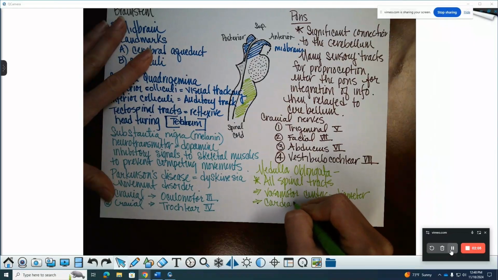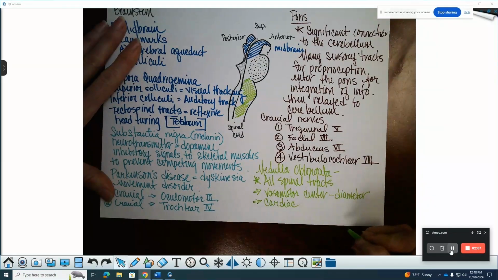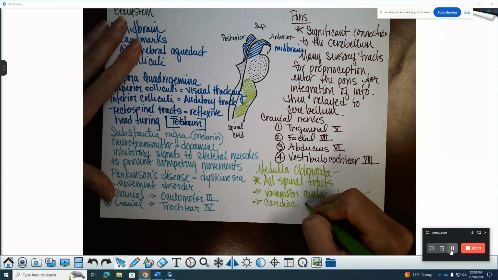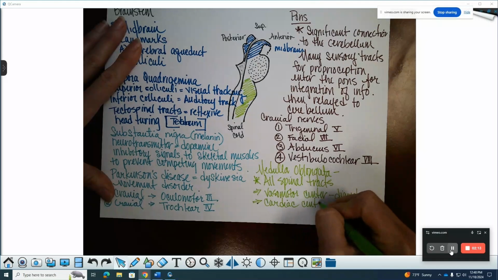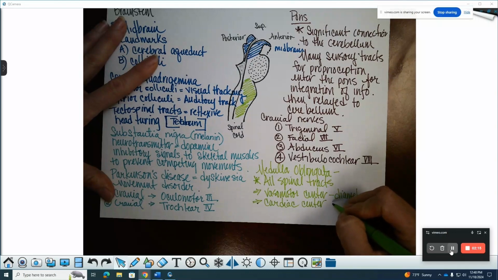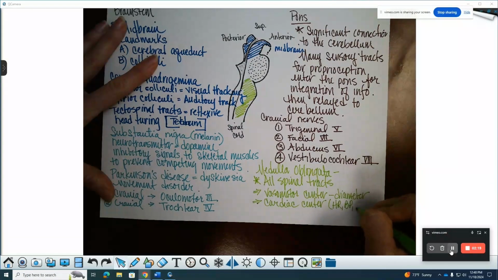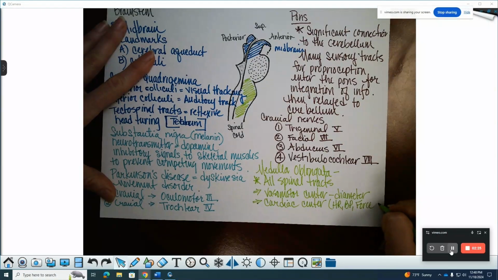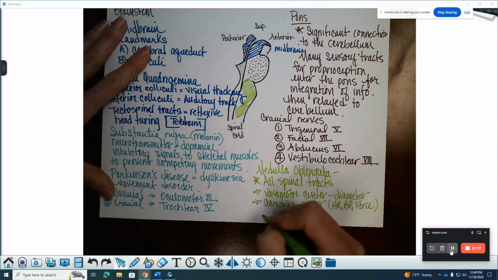The other one is the cardiac center. Okay, again, another center that is involved with the autonomic nervous system. Cardiac center, so this is a place where heart rate, blood pressure, and force of contraction take place.